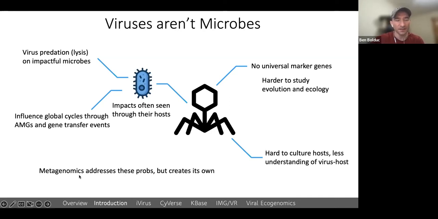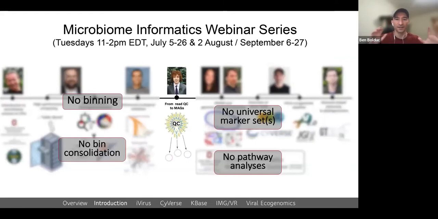So I think last time I gave this webinar, I discussed a little bit about how metagenomics can address these problems, but that creates some problems of its own, as you'll see throughout this talk. And so, like I said, viruses aren't microbes. There's some information from Dylan's talk that we don't need.